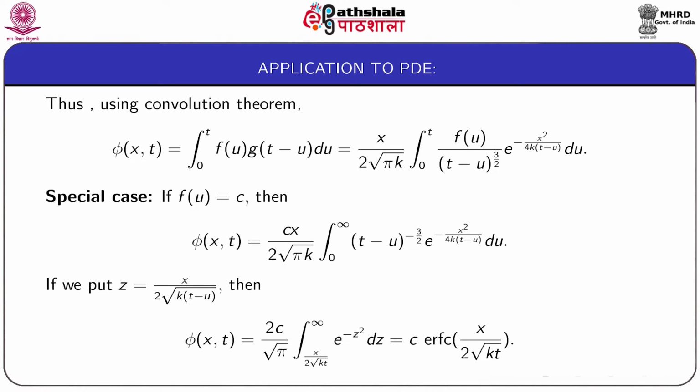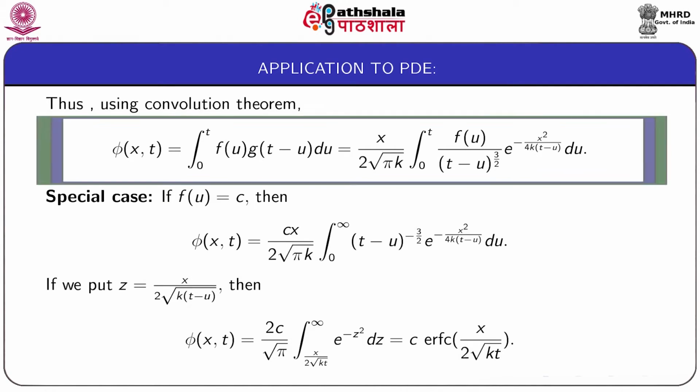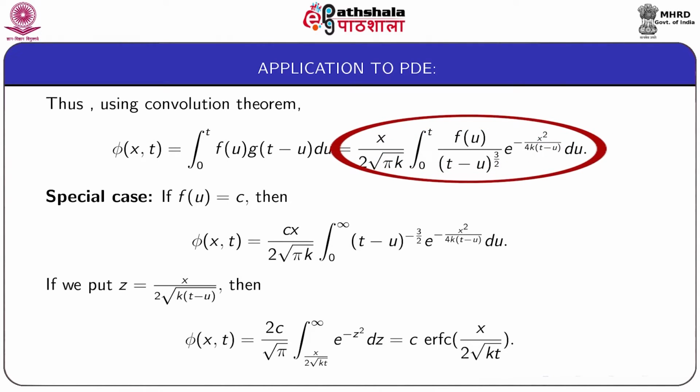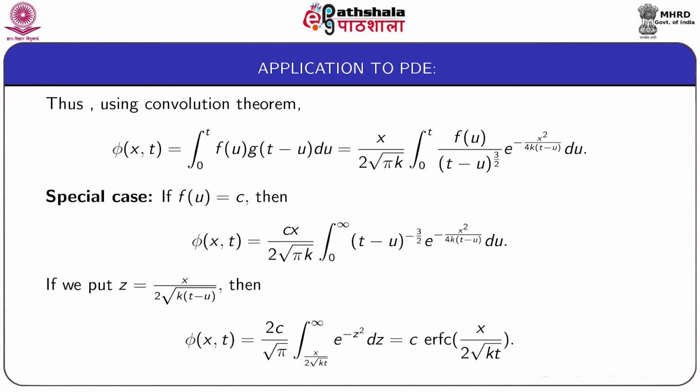And this gives φ(x,t) equal to the integral from 0 to t of f(u) g(t-u) du, and that is equal to x/(2√(πk)) times the integral from 0 to t of f(u) divided by (t-u)^(3/2) e^(-x²/4k(t-u)) du.